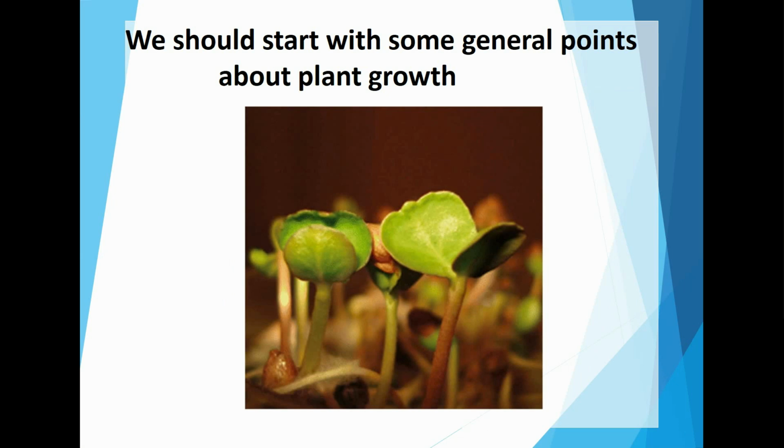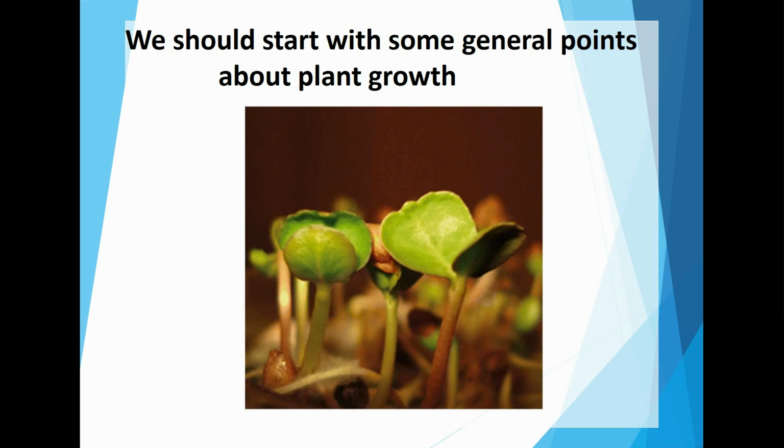I think this is going to be a nice section for you to round off this module. The first thing I want to start with is some general points about plant growth: how it starts and where it starts. You're currently looking at a paper about germination and when a plant is considered germinated.